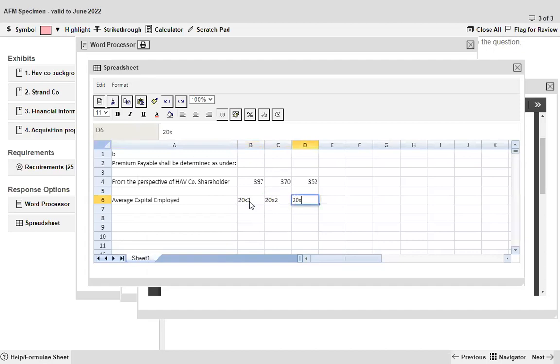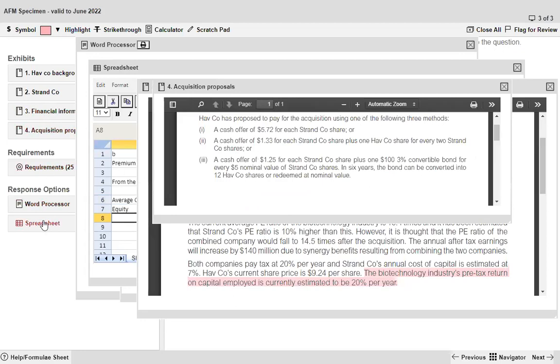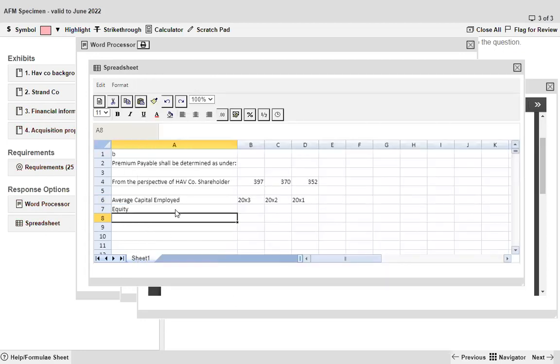How would you do it? You would say the equity plus non-current liabilities.